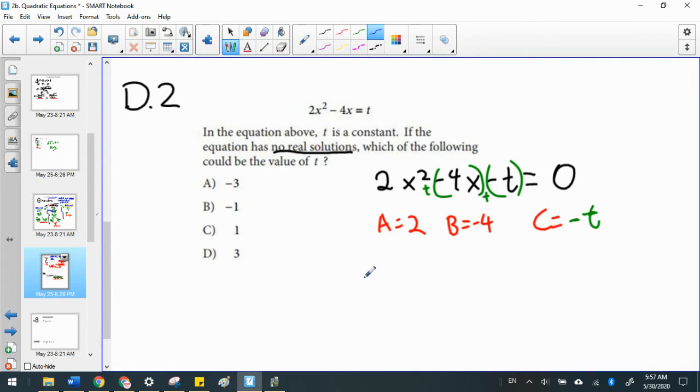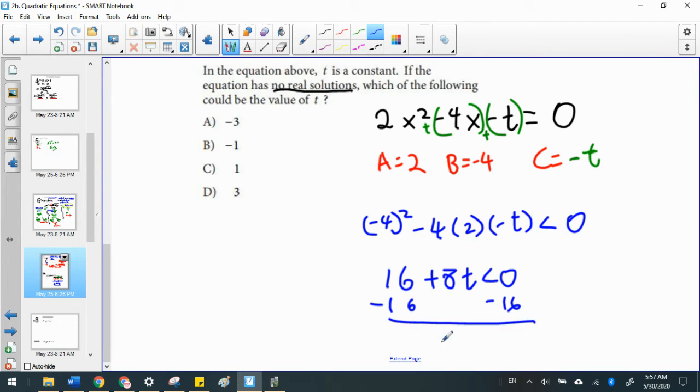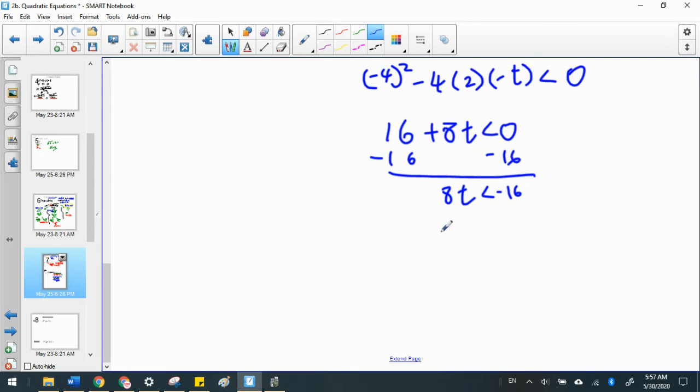So then for this problem, we're going to do that representation, where we say negative 4 squared minus 4 times 2 times negative t has to be less than 0. And with this inequality, we can solve for t. I get 16 plus 8t is less than 0, minus 16 minus 16. 8t is less than negative 16.